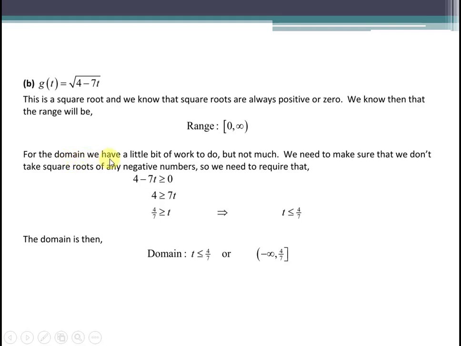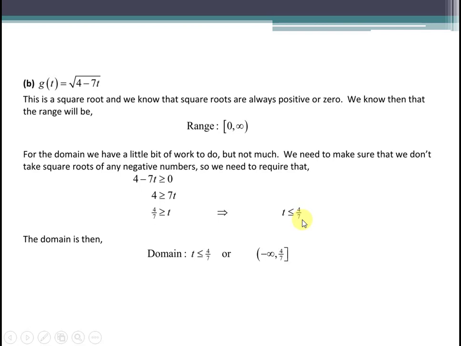However, we have a square root. So to find the domain, we should solve the inequality 4 minus 7t greater than or equal to 0. After solving, we have the answer t is less than or equal to 4 over 7.